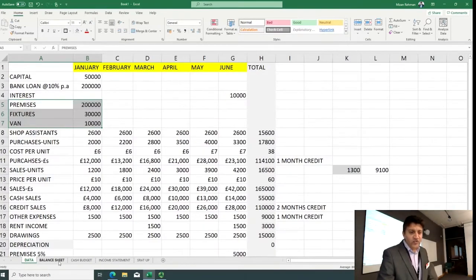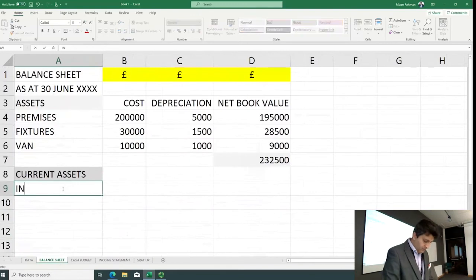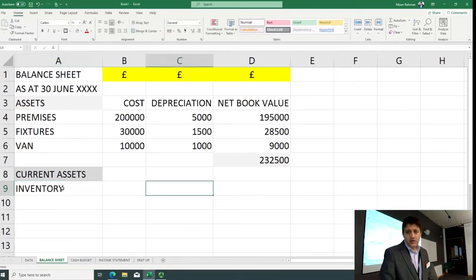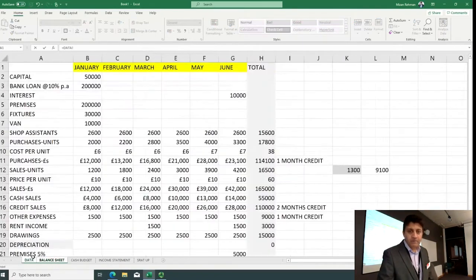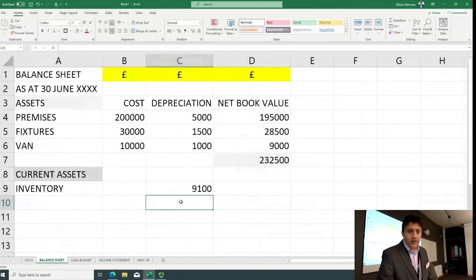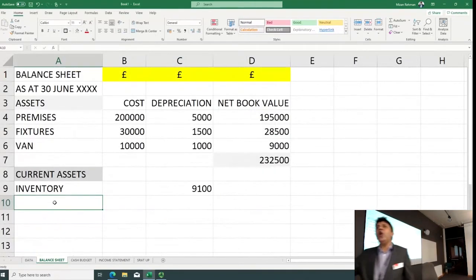First one is inventory. Remember, you can always find inventory on the balance sheet. 9,100. Let's use a link. Then there are 3 common current assets.